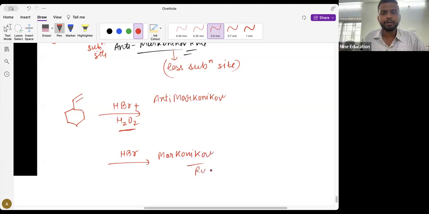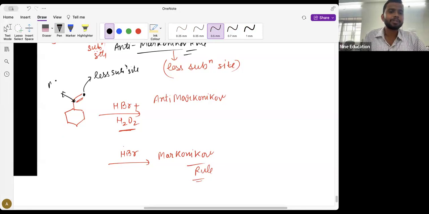We have to use Markonikov rule to add HBr on alkene, है ना? So you know this site of carbon is less substituted site, and this site of our carbon is more substituted site. So out of H and Br, Br is more electronegative, and if I have anti-Markonikov rule, so Br will come where, this side or this side?